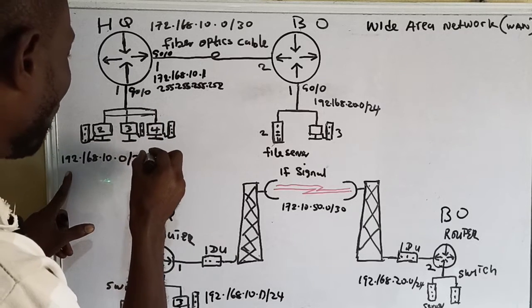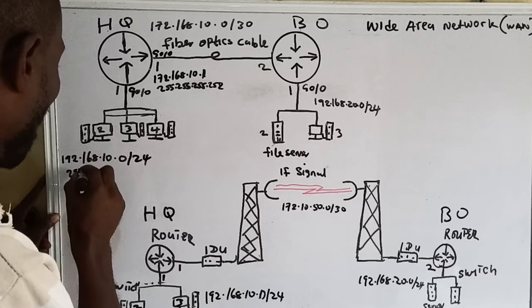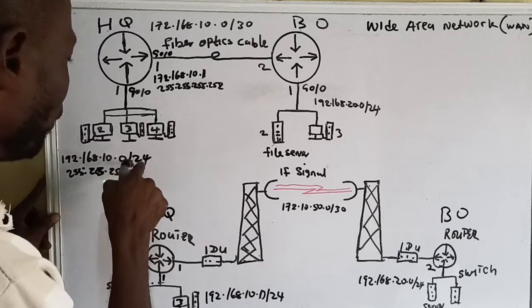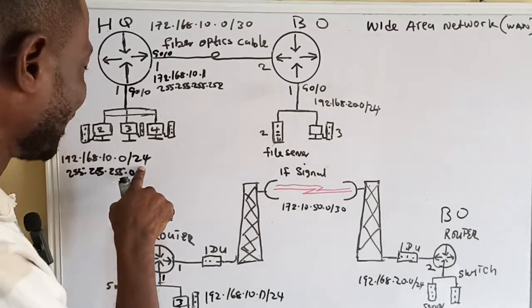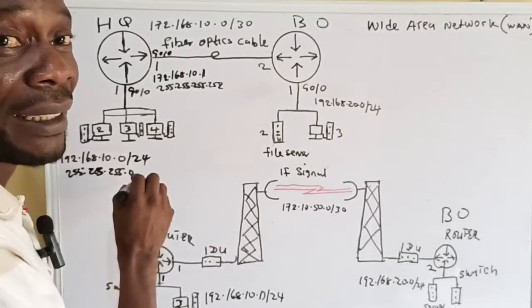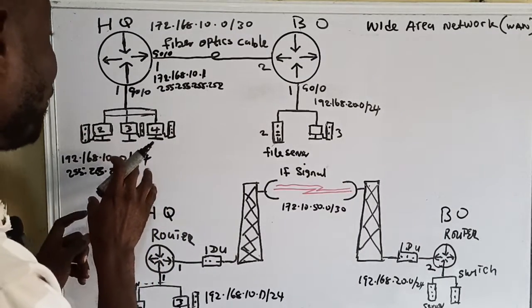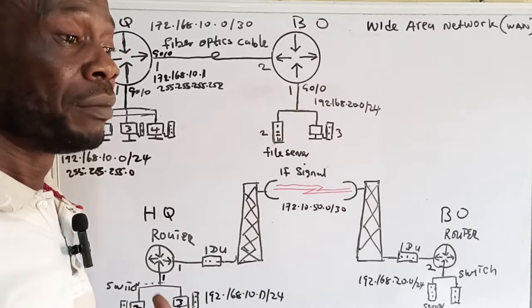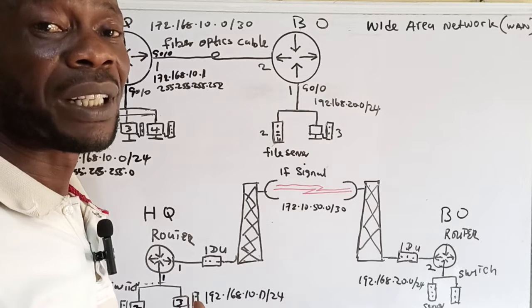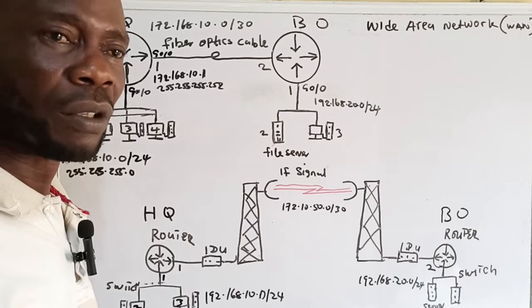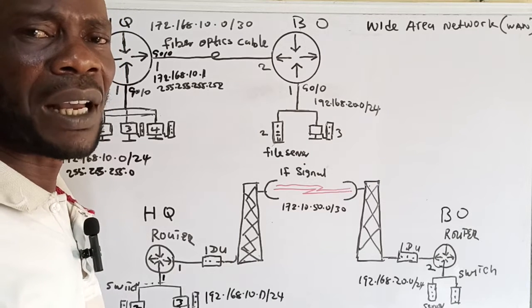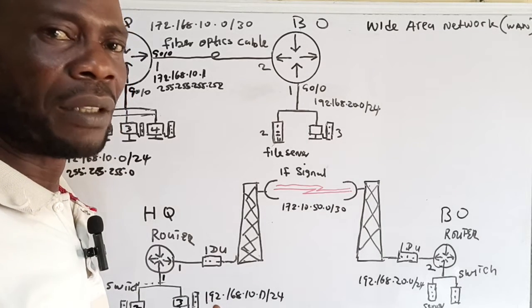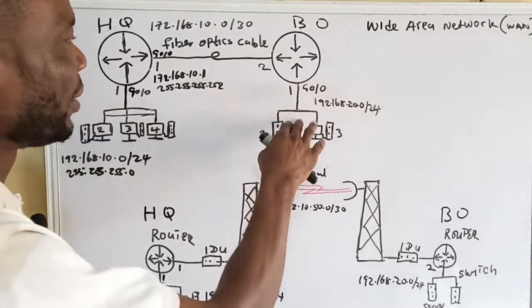This is a 24 bit subnet mask, 255.255.255.0. This gives you about 254 valid IP addresses that can be assigned to 254 computers, including printers, voice over IP phones, or other nodes. The same thing is applicable here.